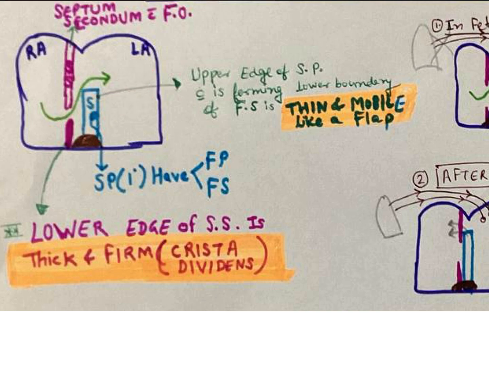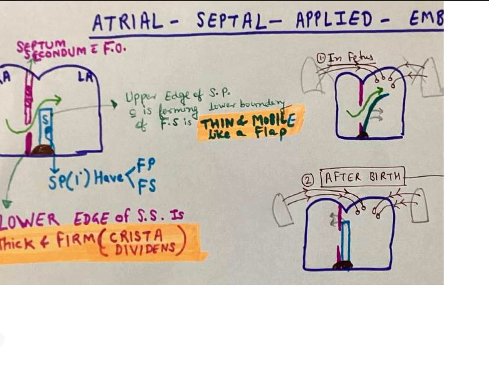But after birth, please see this diagram. After birth, when the lungs start breathing, oxygenation of blood occurs. This oxygenated blood comes through the pulmonary vein to the left atrium, and when a high amount of blood is coming into the left atrium, then left atrial pressure will increase. This increased left atrial pressure shifts this upper edge of the septum primum towards the septum secundum.